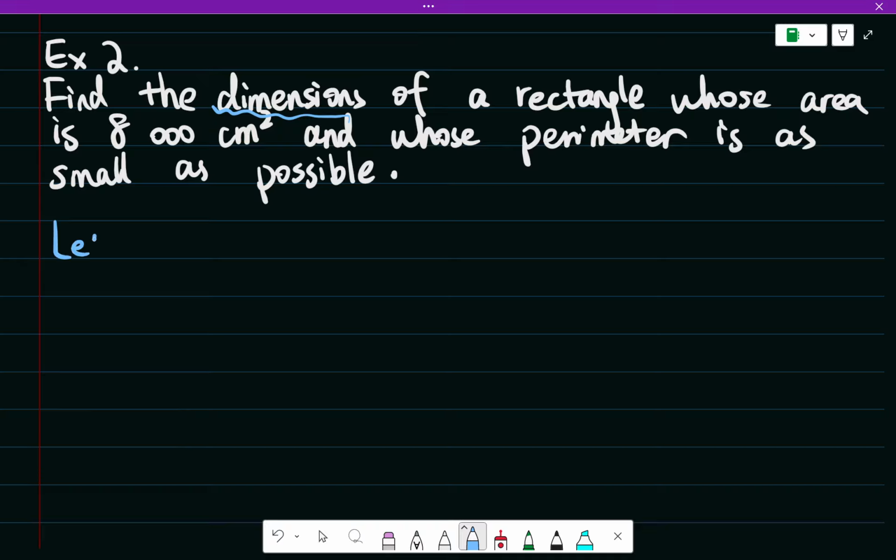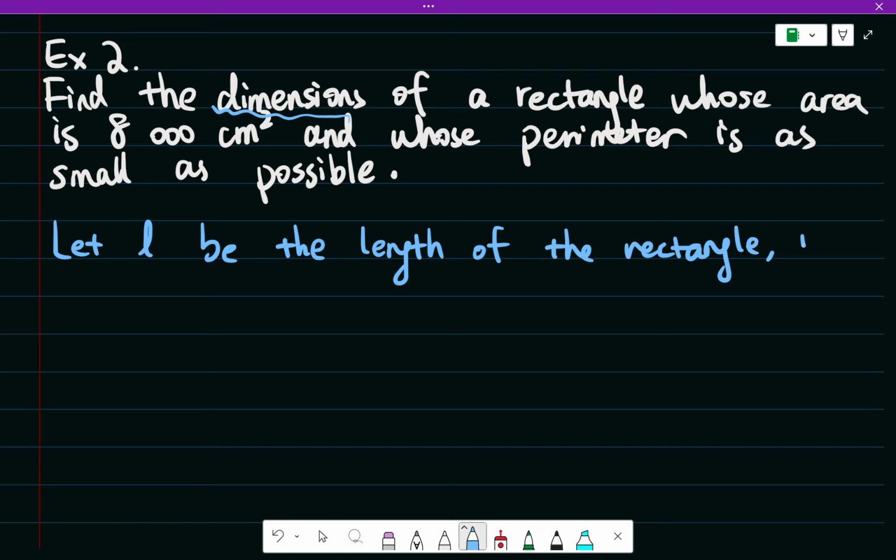So we can say let L be the length of the rectangle, then the width is 8,000 over L.